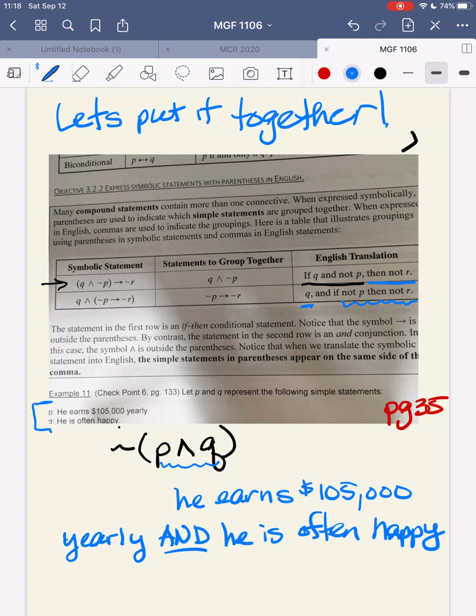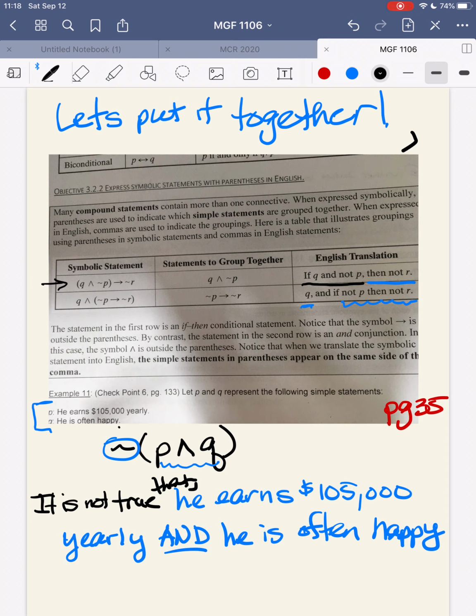Now the negation part of that has a little bit of truth to it. I like to go with something like this when it's outside: it is not true that, comma, he earns $105,000 yearly and he is often happy.